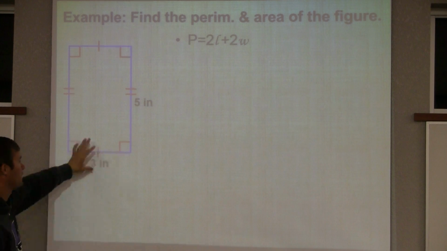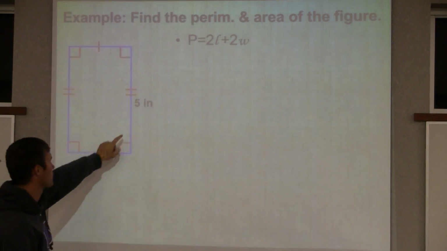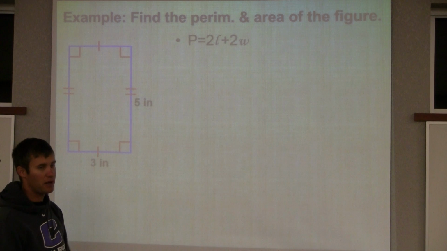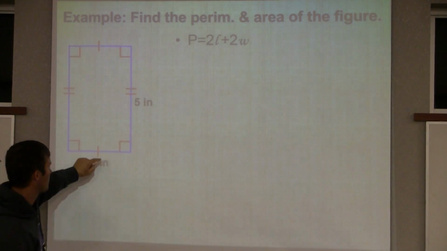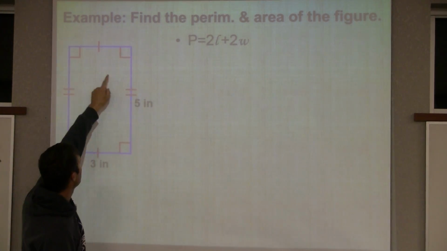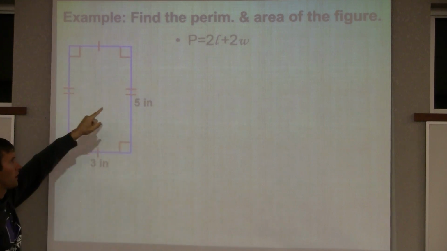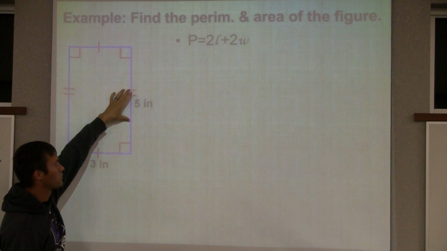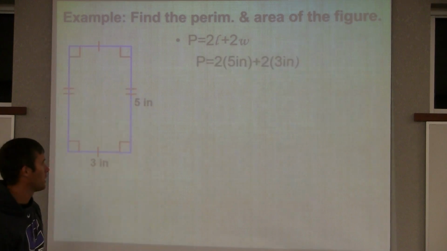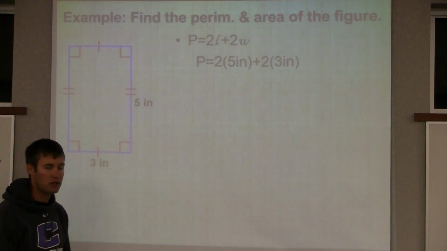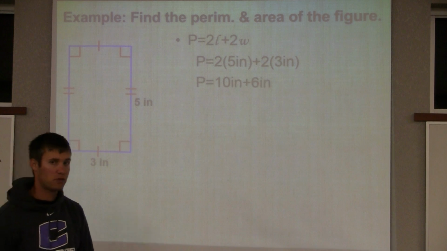Here's a rectangle given to me, the side is 3, this side is 5. If I want to find perimeter, I can add them all up. So I could go 3 plus 5 plus 3 plus 5 and get 16. Or I could go 2 times my length, so 2 times 5 plus 2W, or 2 times 3. 2 times 5 is 10, 2 times 3 is 6.